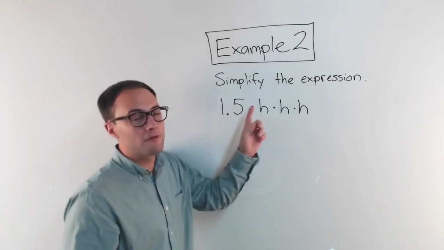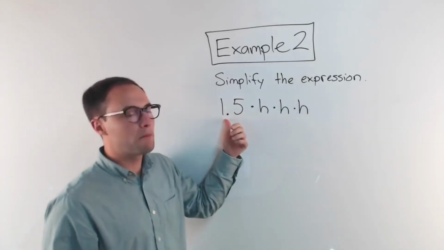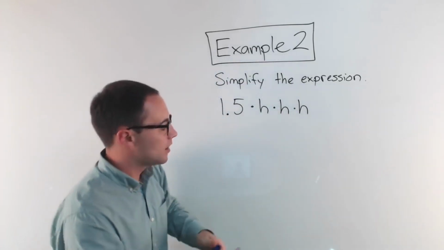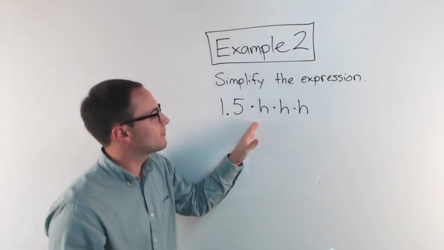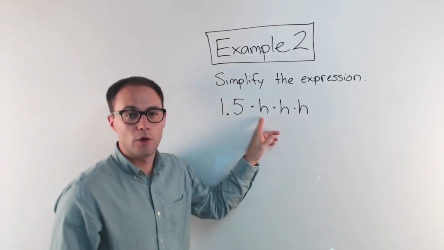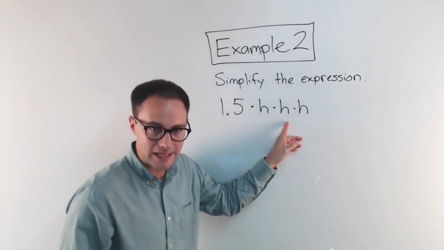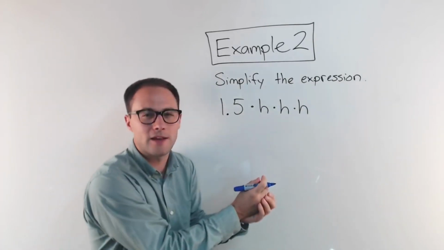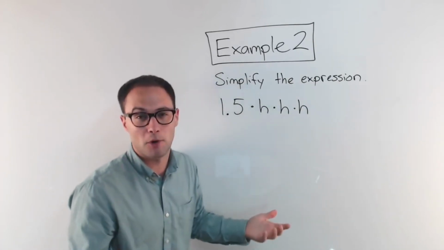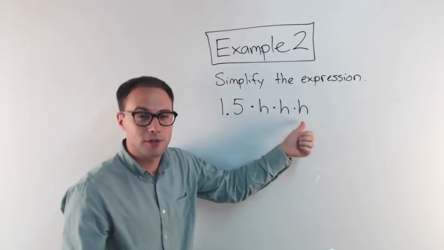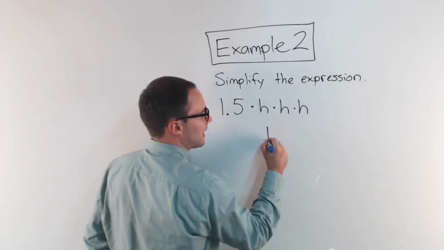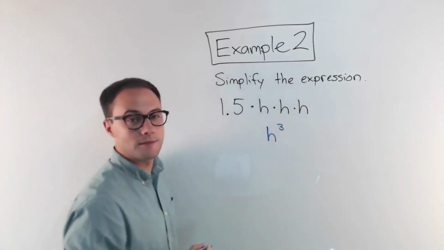Example 2, simplify the expression. So I have 1.5 times h times h times h. Hopefully you notice right off the bat you have repeated multiplication, h times h times h. Well, we know a shortcut, something that we can simplify that into, and that's using exponents. I have h multiplied by itself 3 times, so that's the same as h cubed.